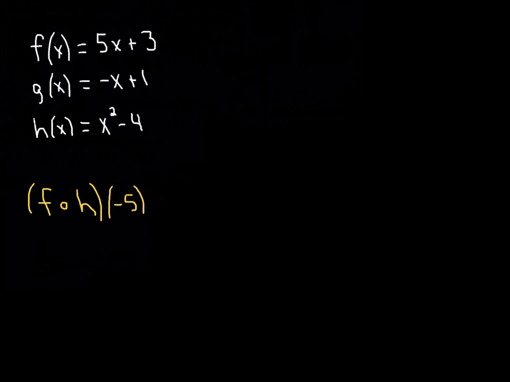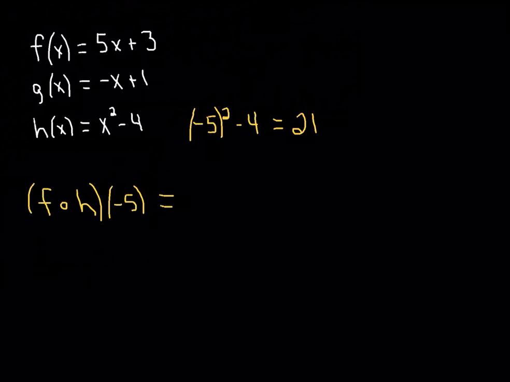Let's do an example where they give us functions again. So f of h of negative 5. What this simply means to do is to plug in negative 5 into your h of x. So when I plug in negative 5 into my h of x right here, negative 5 for x squared minus 4. Negative 5 squared is 25, and 25 minus 4 is 21.